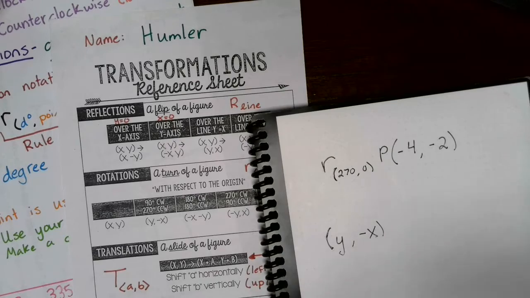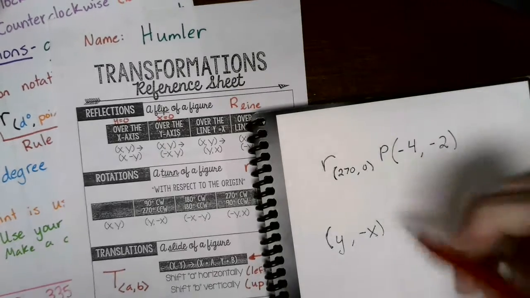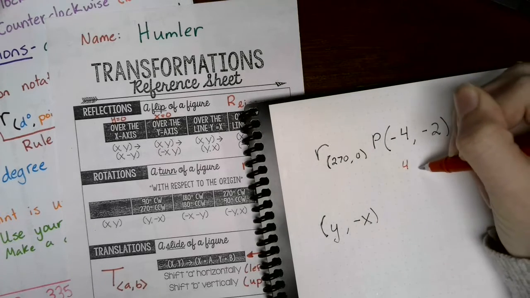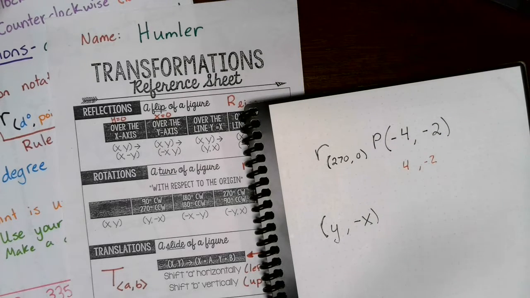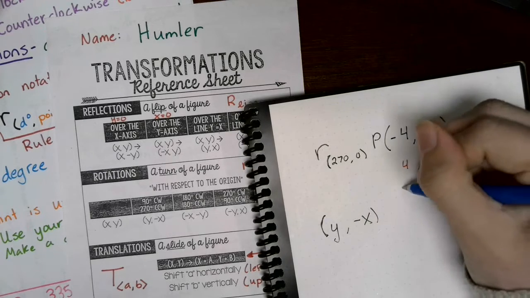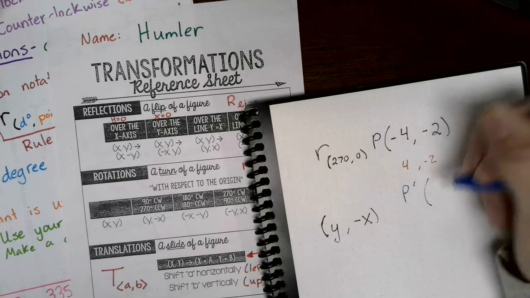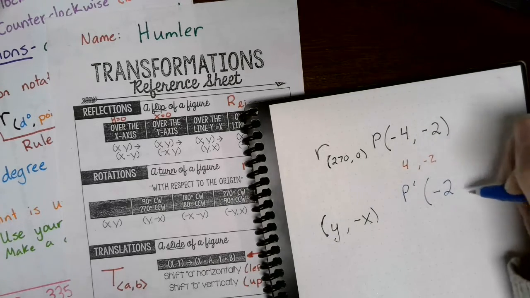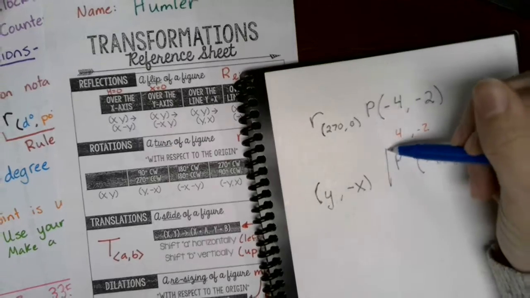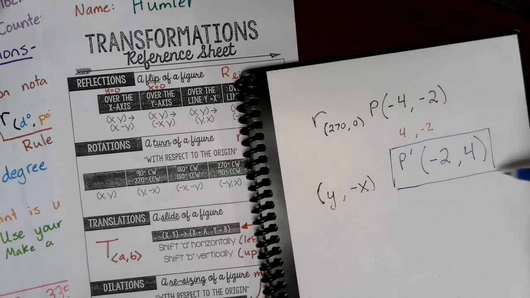I do the first step and say, I'm going to change the sign on x because my x has to change signs. So I know that this is going to be 4, and I'm going to keep that as -2. And then that's still my x and y, and then I switch places. So my actual P prime is going to be -2, 4. So that'll be my P prime after that rotation.